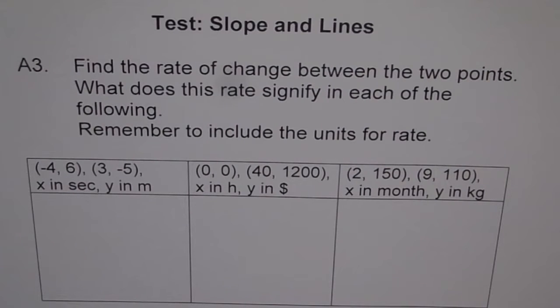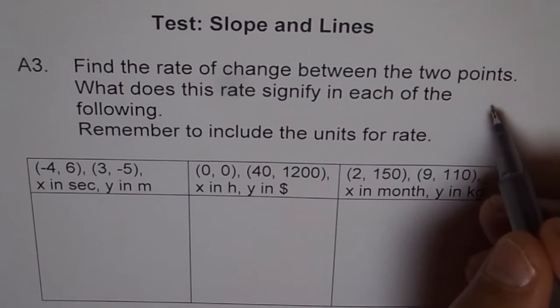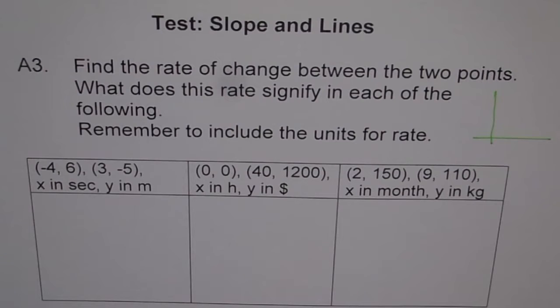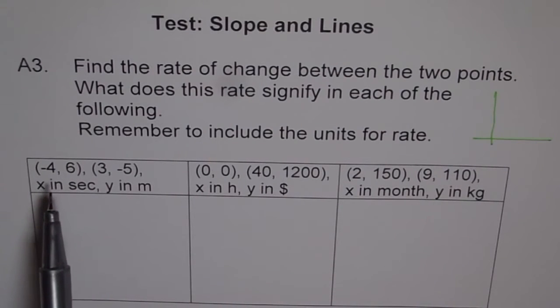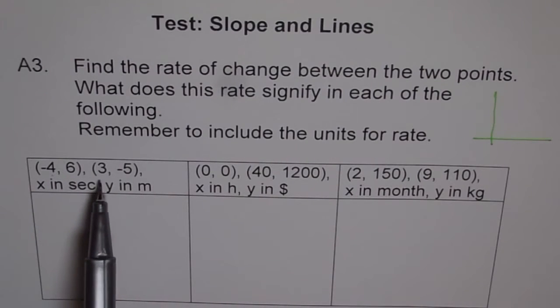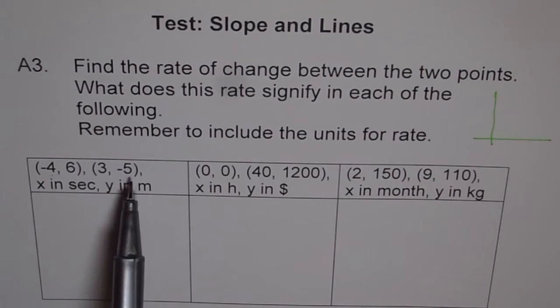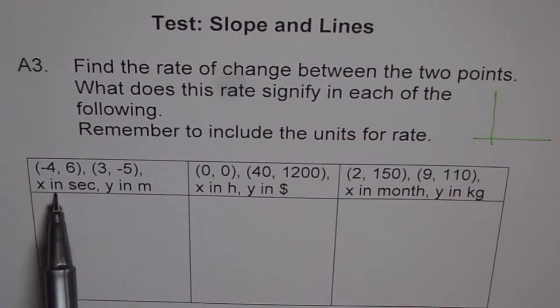And here, think that we have a coordinate system where the x-axis has a separate unit than y. For example, the first coordinate we are giving is -4, 6 as the x coordinates, and 3 and -5 as the y coordinates. Here x is in seconds.